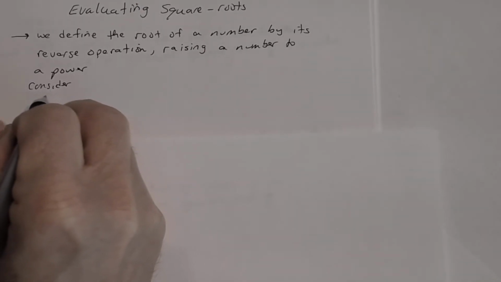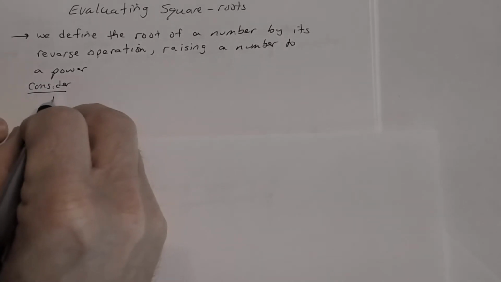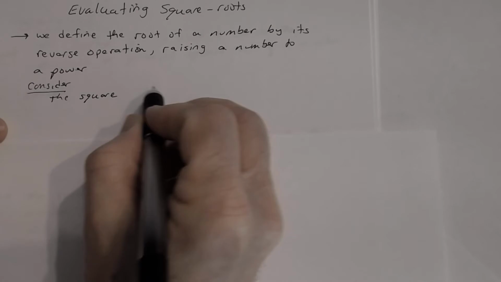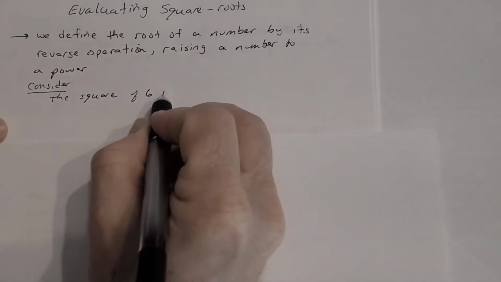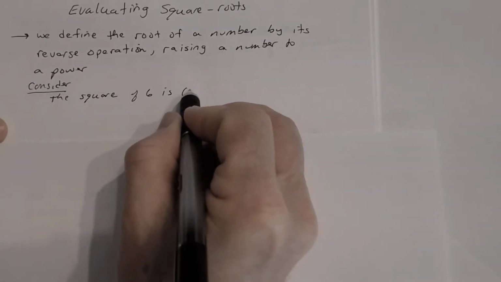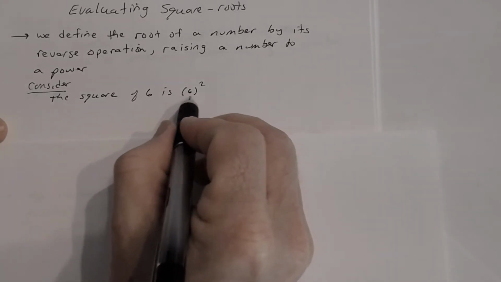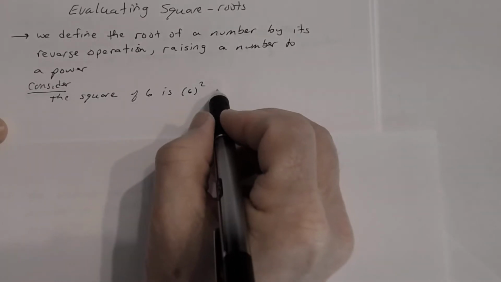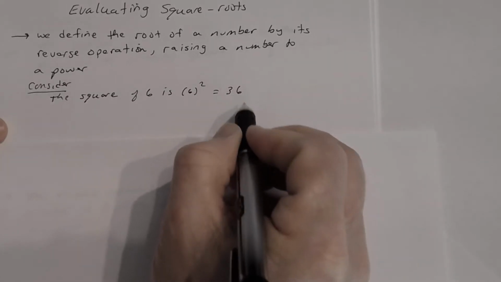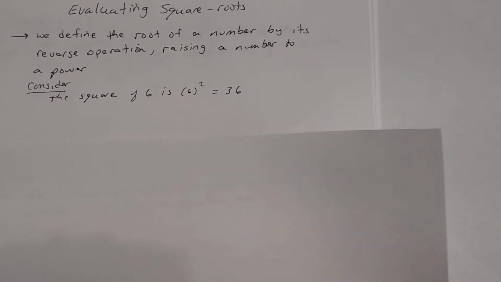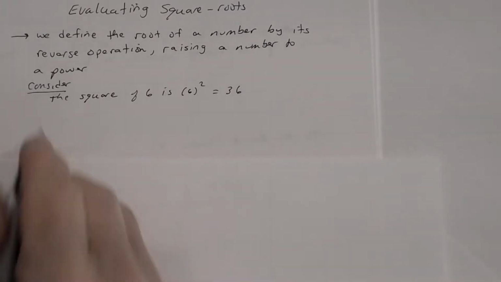The square of 6 is 6 squared, right? That's what the square of 6 looks like, which is equal to 36. So 6 times 6 is 36. Now let's look at a couple more.